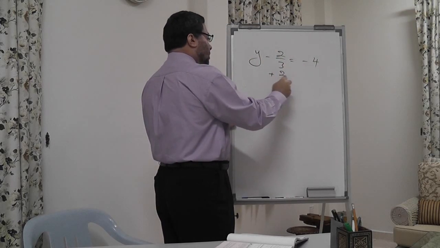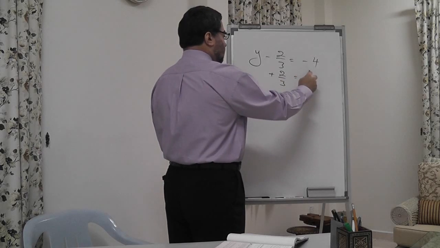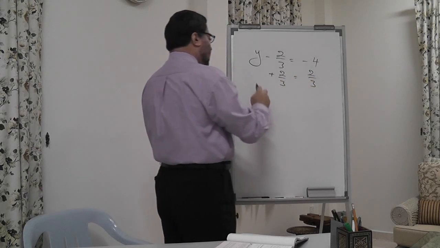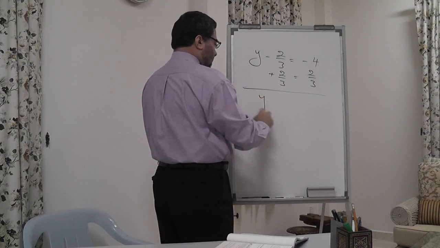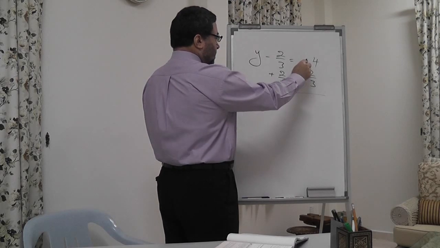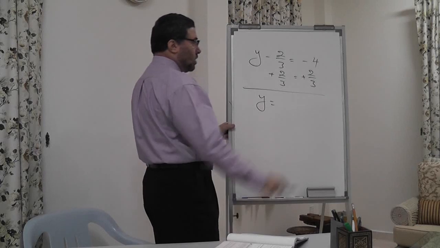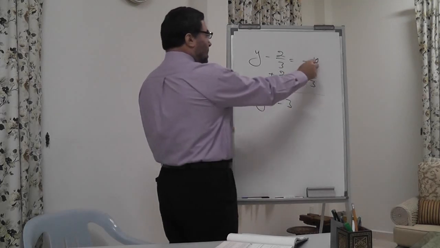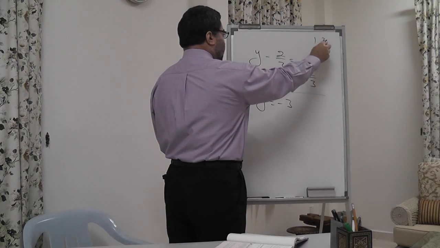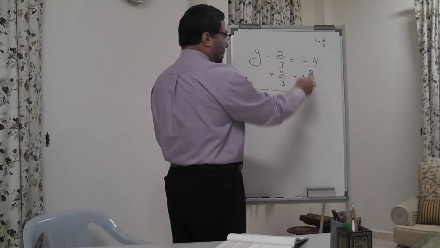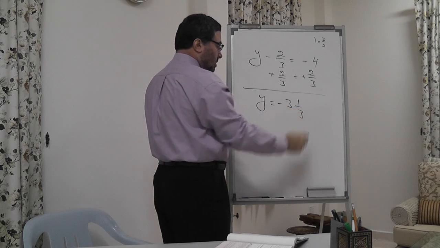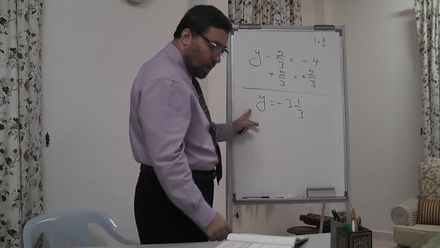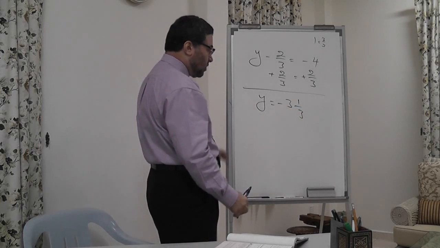I add 2 over 3 to both sides, and we get y is equal to, this is a negative and this is a positive. So I borrow 1 from here, so I will have minus 3, and the one that I borrowed will be 3 over 3. So I take away 2 and I will have 1/3. So y will be equal to minus 1/3.